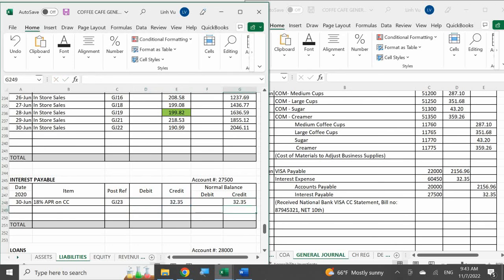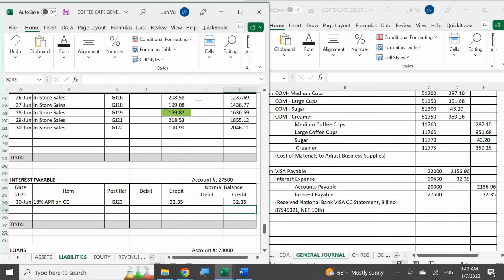Now, there are many rules and regulations when you're journalizing a credit card bill. If you say, I don't know how much I'm going to pay, maybe I'll pay the minimum, maybe I'll wait till the very end of the due date to decide when to make a payment, then do not record this bill.